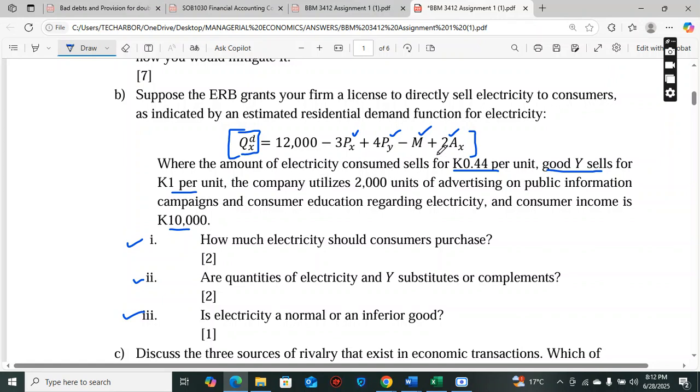So the first part is asking how much electricity should consumers purchase. We've been given this information here: the amount of electricity is sold at 0.44 per unit, so this is PX, the price of electricity.